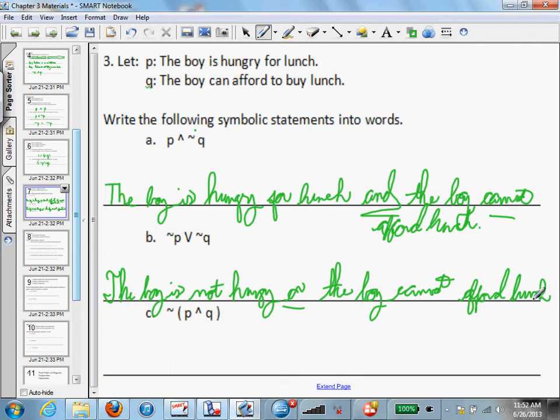Okay, now with this symbol, it is read as this, so that means and. So it says it is false the boy is hungry for lunch and the boy cannot afford to buy lunch.